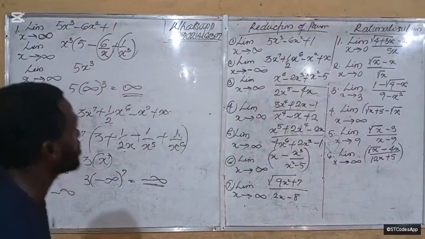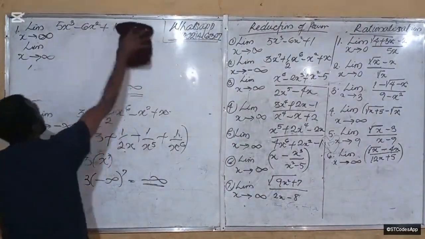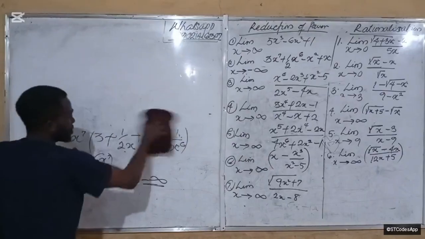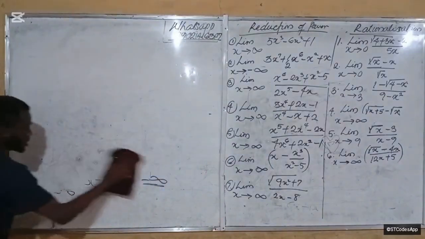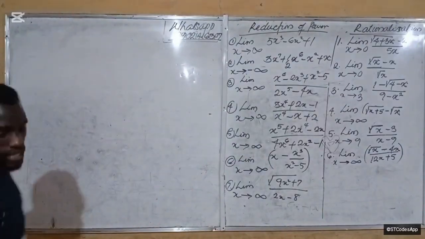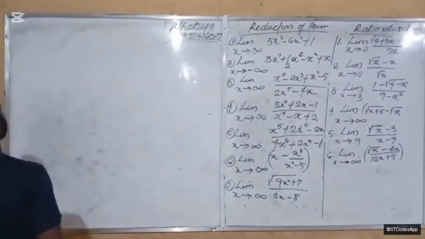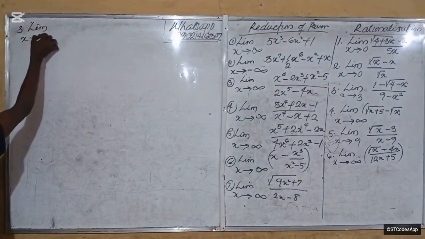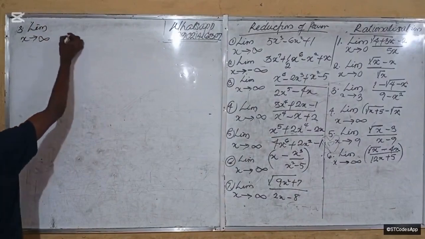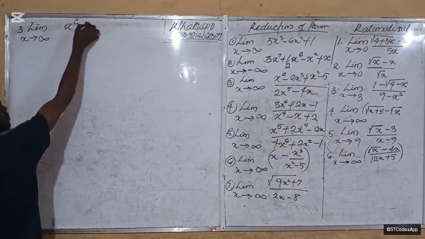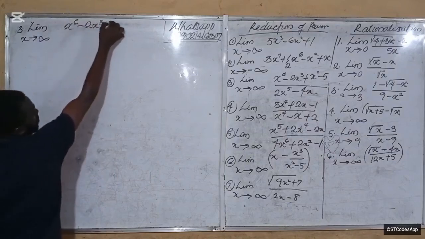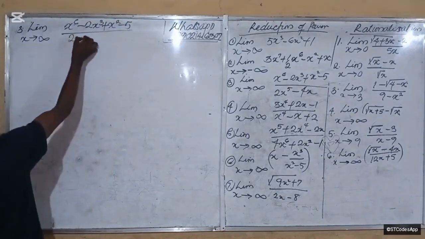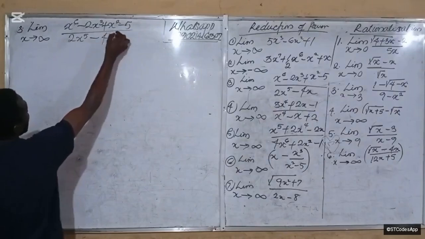Number 3. Now with number 3, this sort of problem comes with a particular trick that I'm going to show you. Number 3 says the limit as x approaches infinity of x raised to the power 6 minus 2x raised to the power 3 plus x squared minus 5 all over 2x raised to the power 5 minus 4x.